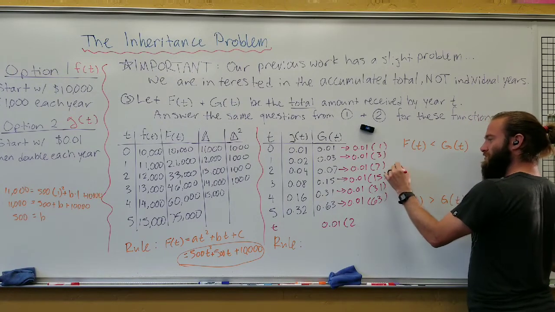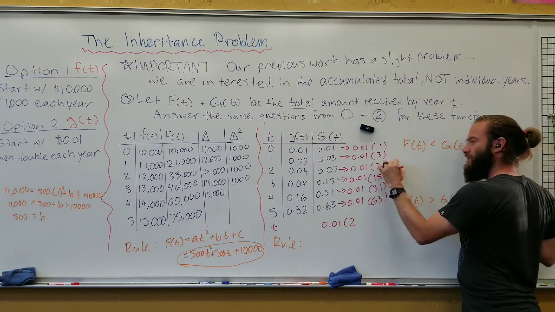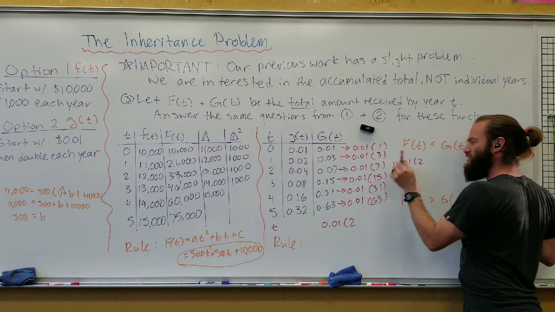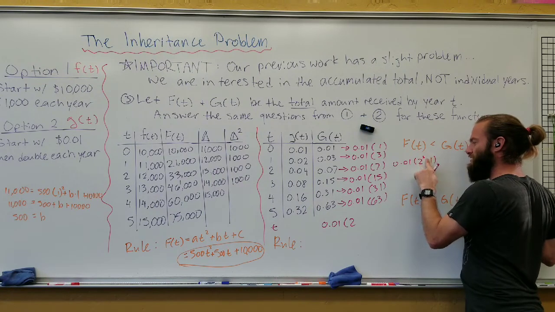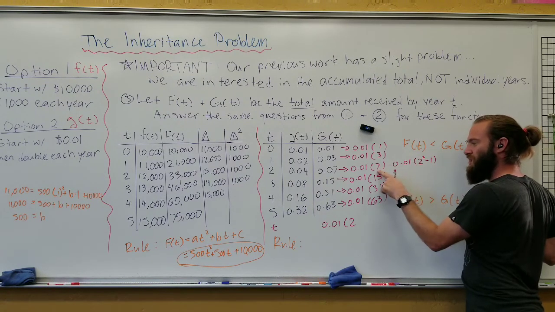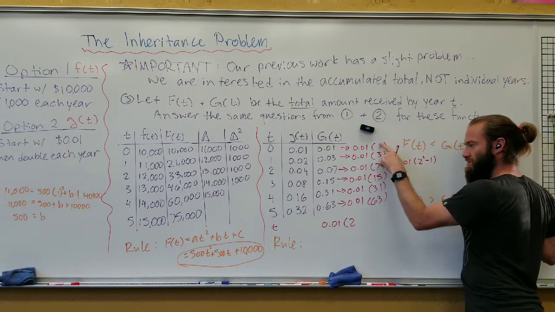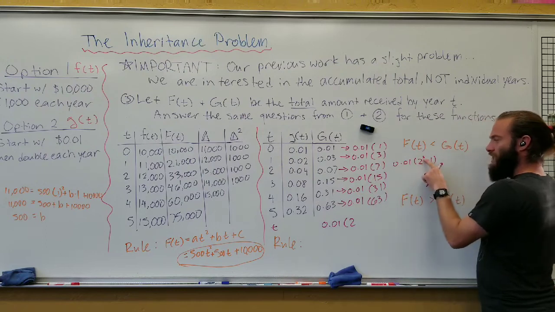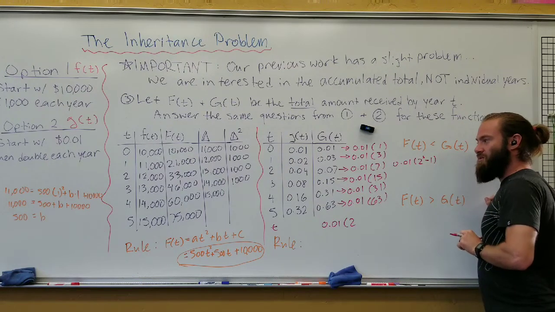I'll just do a few of these in the middle because I'm using up my space. It seems like 0.01 times 2 to the third minus 1, right? 8 is 2 to the third. 7 is 1 less than 8. So these are all 1 less than a power of 2. Well, notice that t is 2, and this is 2 to the third. Does that make sense?